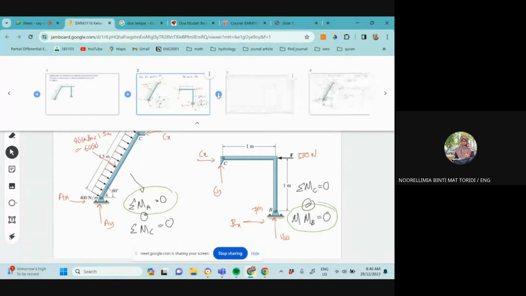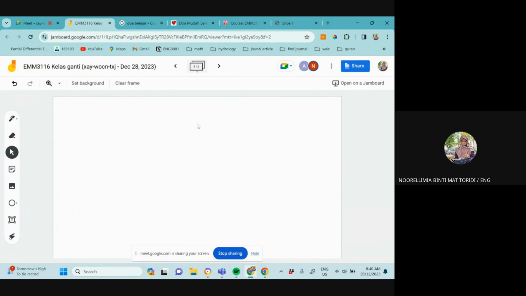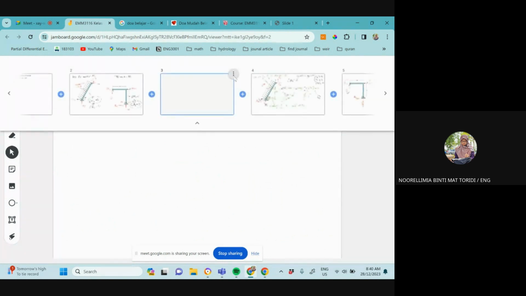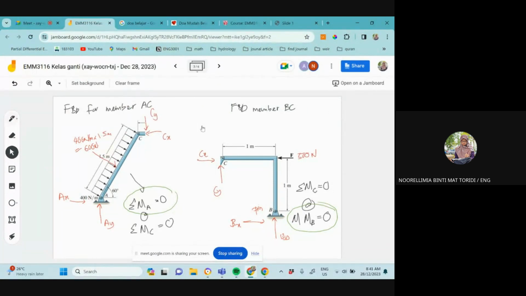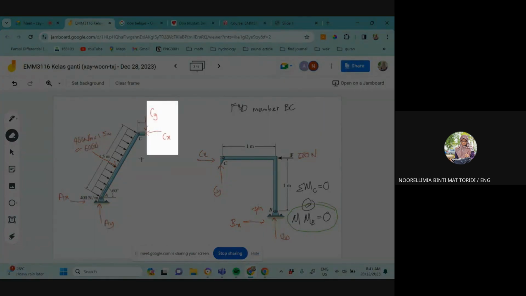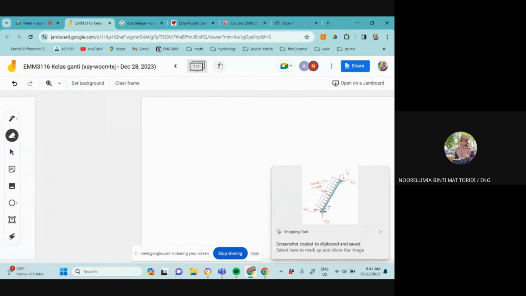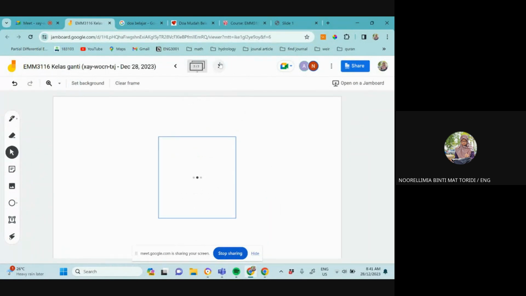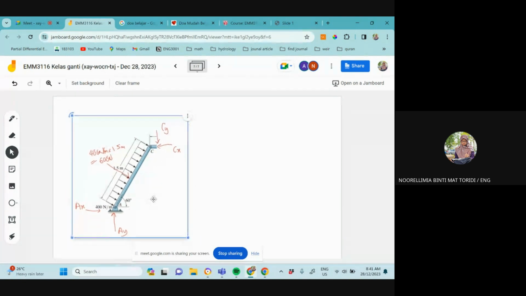Duplicate lah. Okay, duplicate. So let's see. Okay, so this is the free body diagram for member AC.